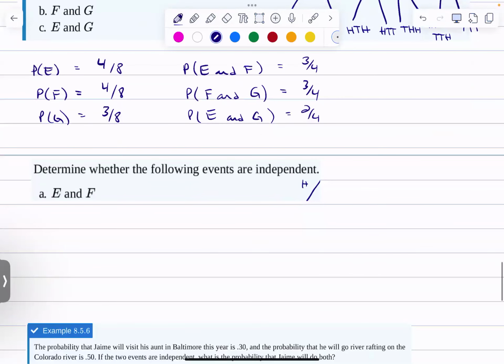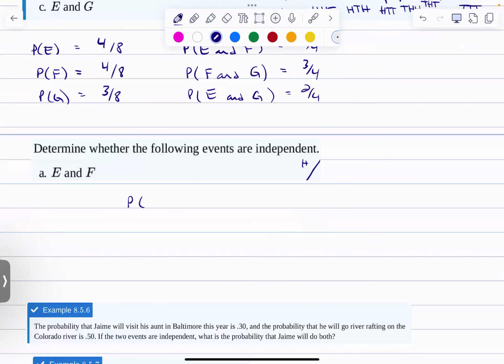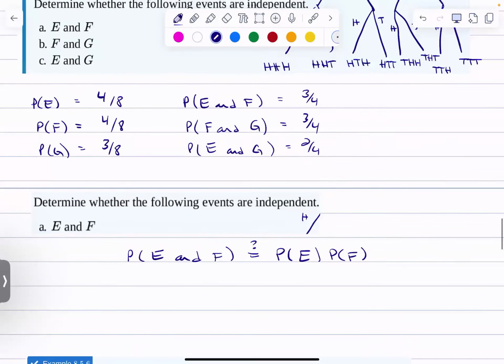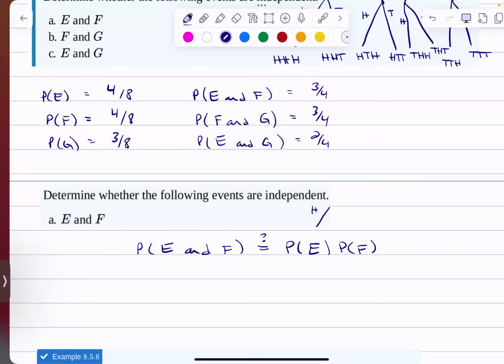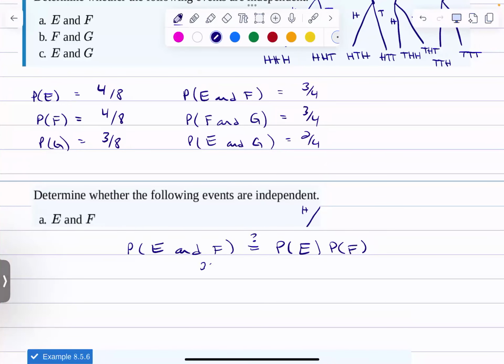If we want to show that they're independent, then we want to show that the probability of E and F is equal to the probability of E times the probability of F. We've done all this work, so now we're on easy street. Is 3 over 4 equal to 4 over 8 times 4 over 8? Use your calculator.